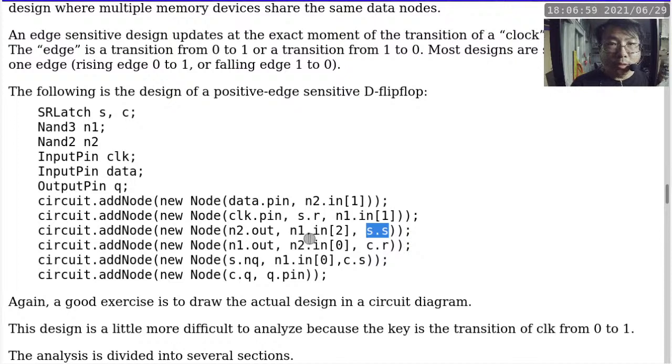So now we track down N2.out and connect that to S.S. This is not going to look nice because I'm going to have to wrap around the circuit here.